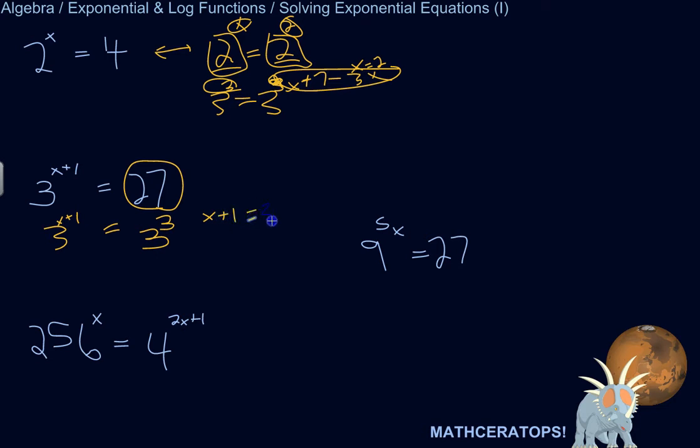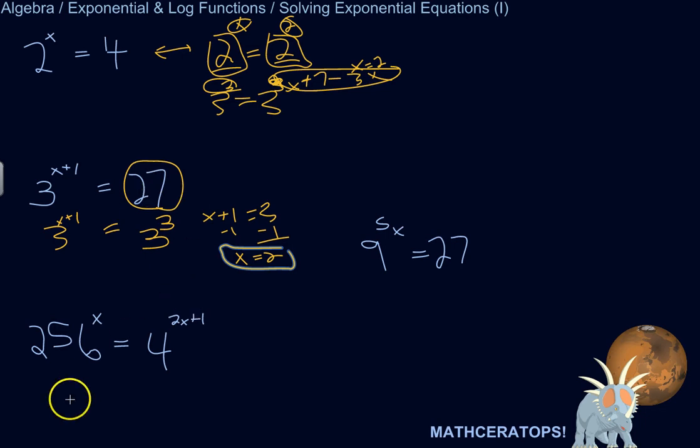Well, subtract 1, and you can see that x is 2, right? So 3 to the power of 2 plus 1 is equal to 3 to the power of 3. Another pretty simple example, but really these types of problems are no more complex than that.